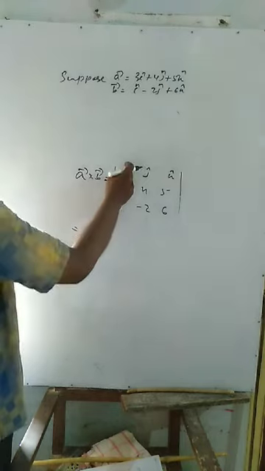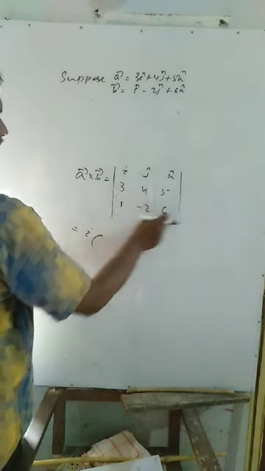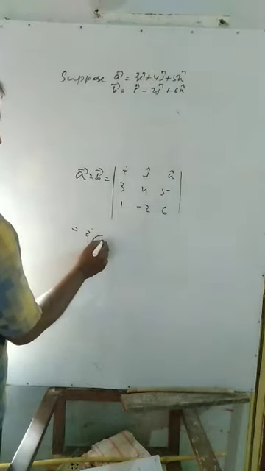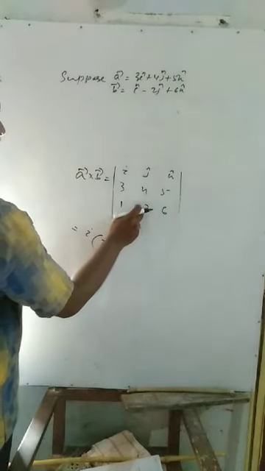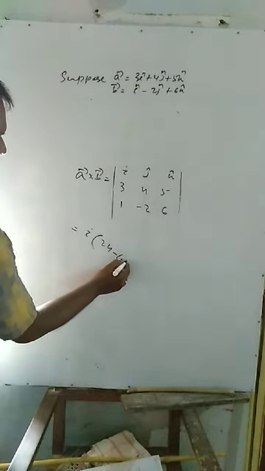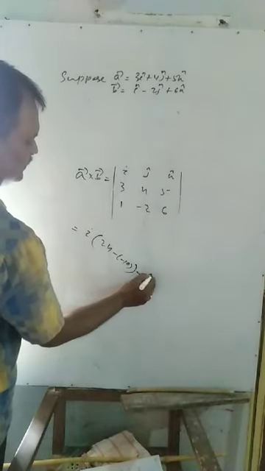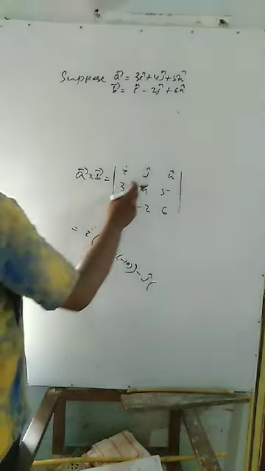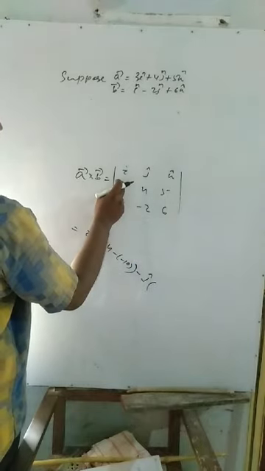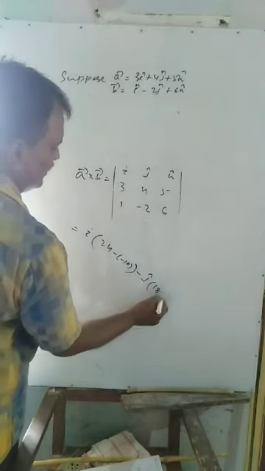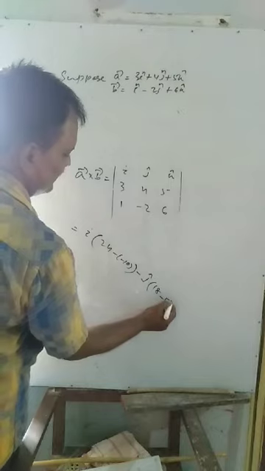I cap into 4 into 6, 24, minus 2 into 5, minus 10. Minus j cap into, eliminating this line and this line, 3 into 6, 18, minus 1 into 5, 5.